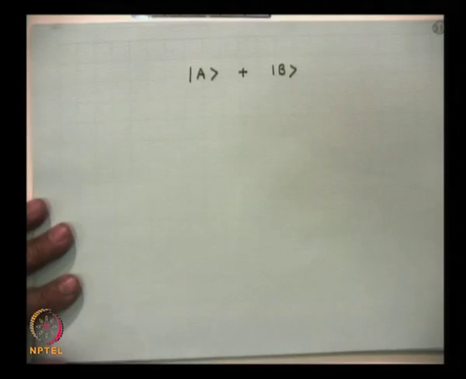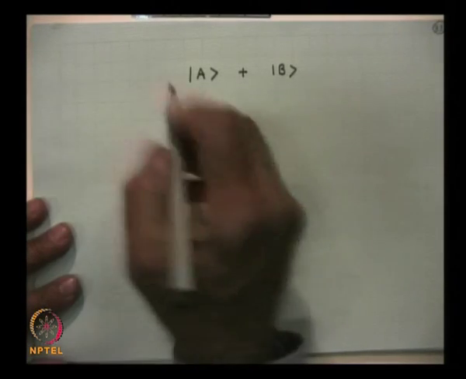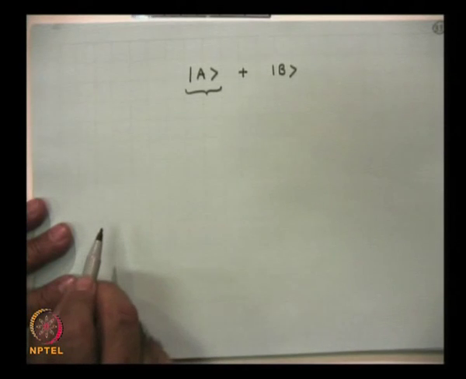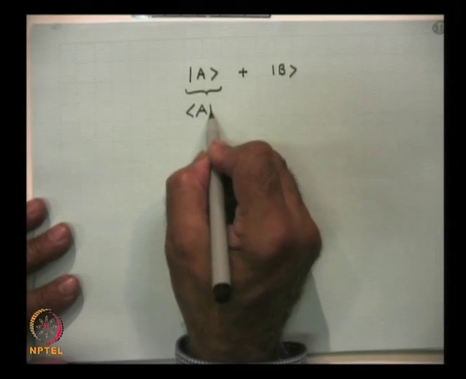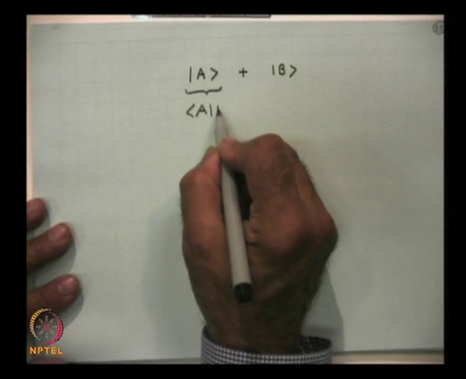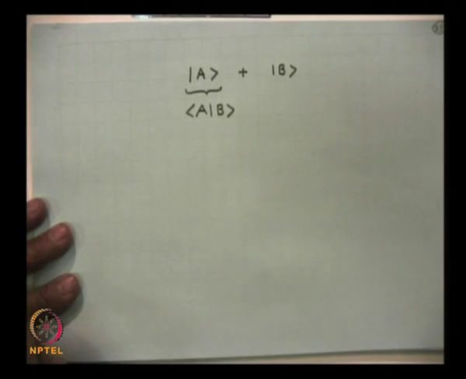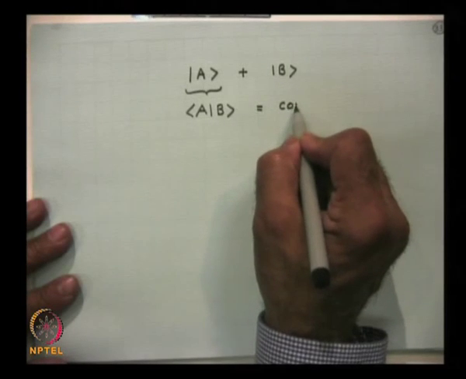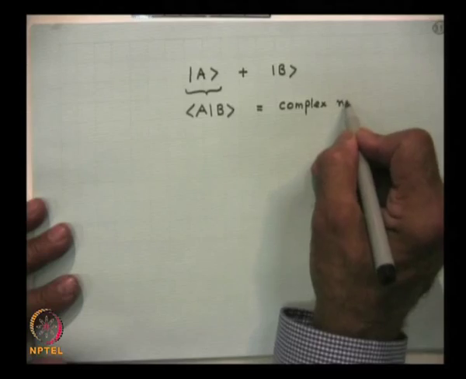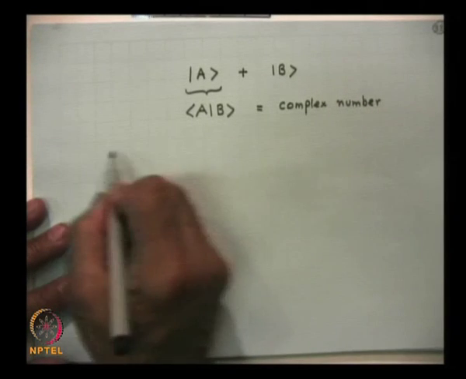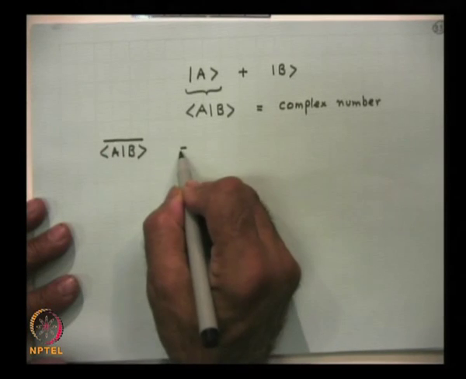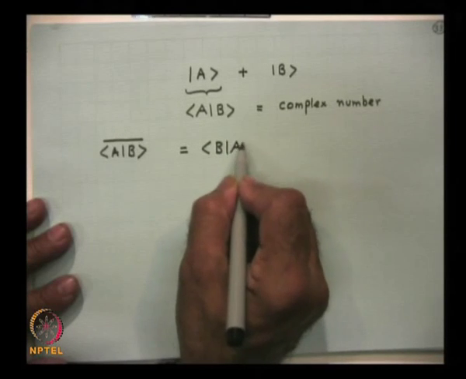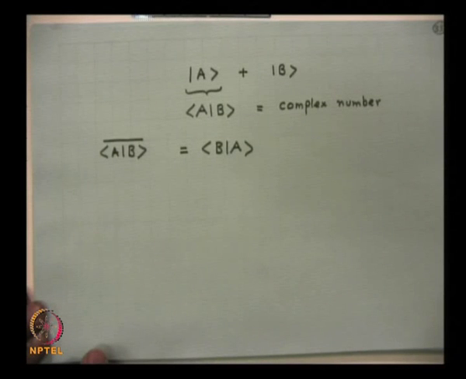One can take a linear combination of these two ket vectors. Corresponding to each ket vector, there is a bra vector A such that we can form a scalar product <A|B>, which is a complex number, and is such that the complex conjugate of this number is denoted by <B|A>. It may appear a little abstract, but I will give you an example in a moment.